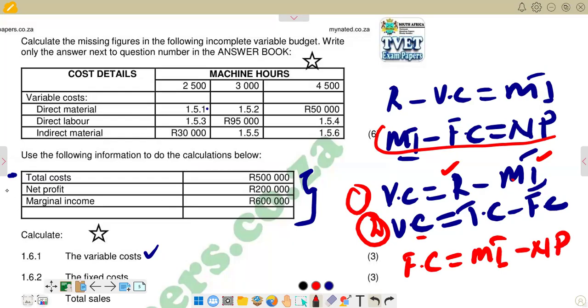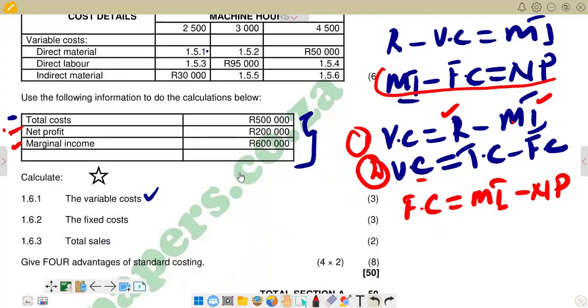Those two are given here, marginal income is here, net profit is there. So we are just going to do marginal income minus net profit. Marginal income, we are having 600,000.